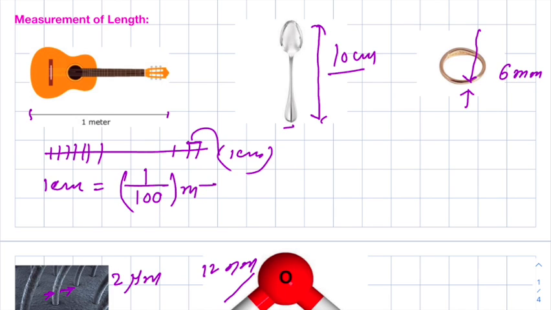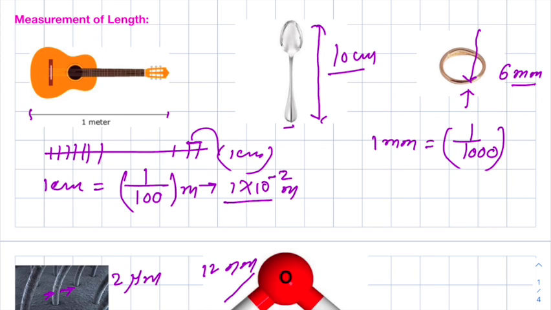This can be expressed as 1 times 10 to the negative 2 meter. In the same way, if you divide the meter into a thousand small parts, one part represents 1 millimeter, because it is 1 over thousand. And this equals 1 times 10 to the negative 3 meter.